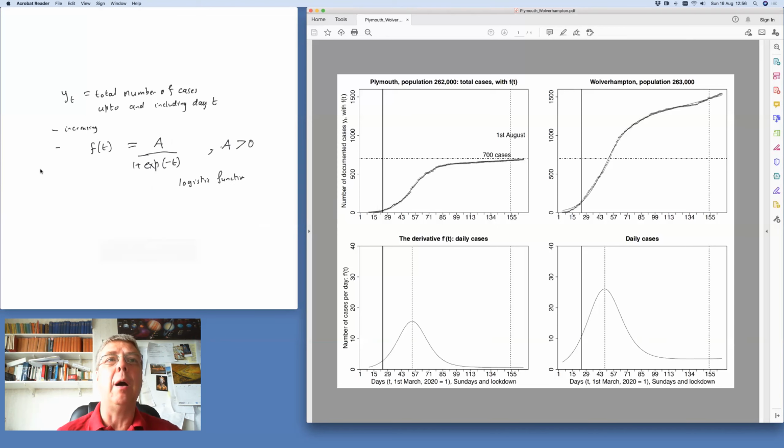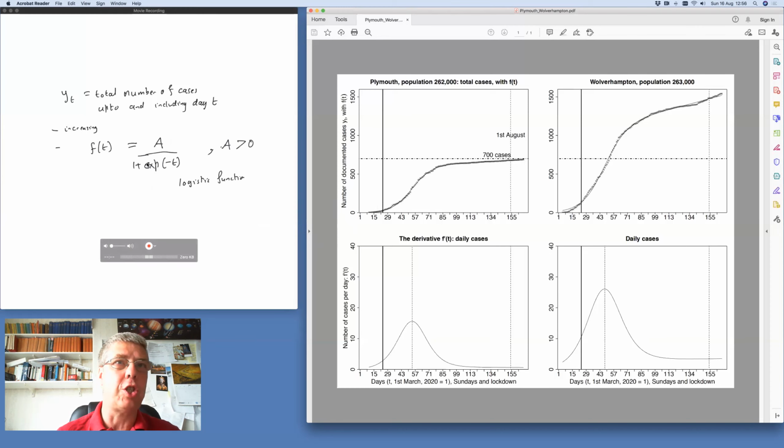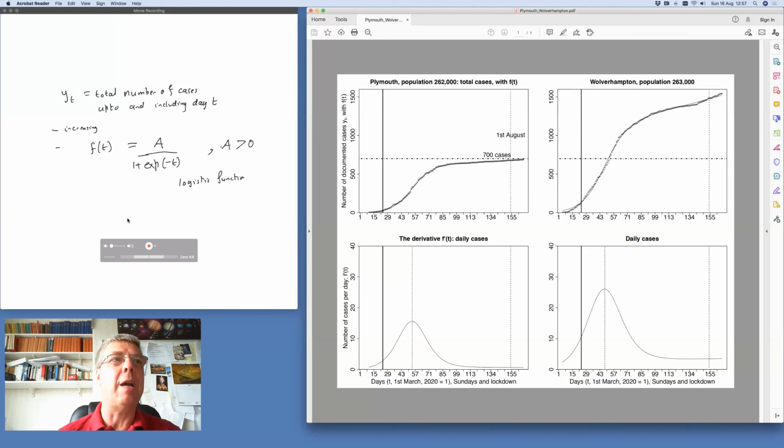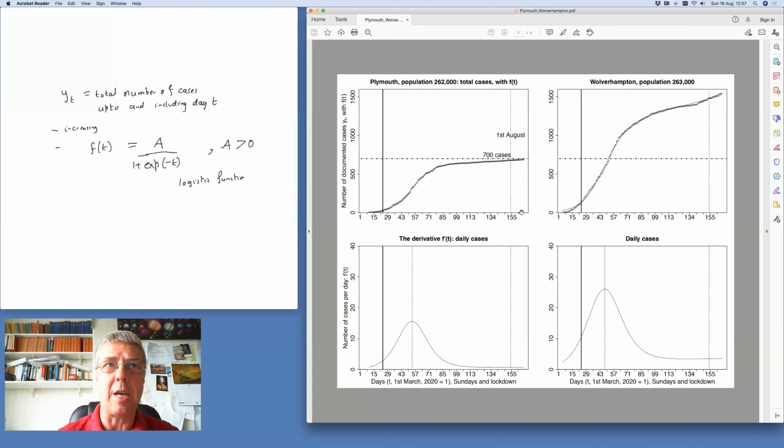So what my research has involved is modifying the logistic function to find models for the COVID-19 pandemic. So what I want to do is to have a think about how this function behaves for large values of t and for small values of t.